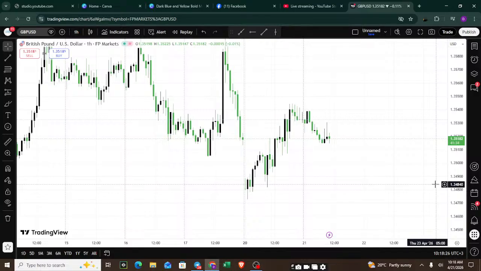I only trade GBP USD, and I settled on GBP USD after 6 years. I have traded gold, I have traded US30, I have traded Nasdaq, I have traded Euro AUD, but in the long run, I came back to GBP USD.